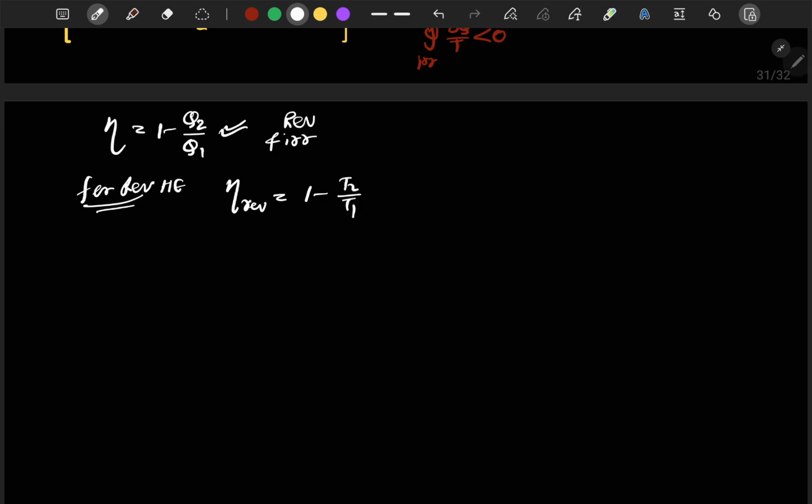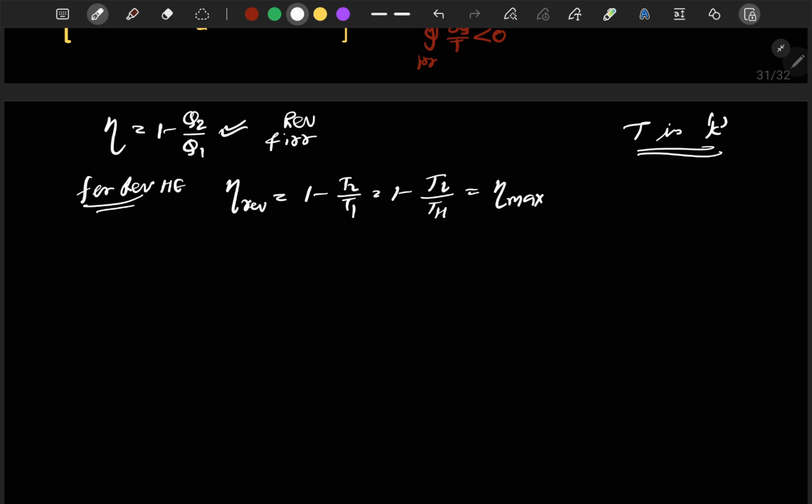So eta reversible is equal to 1 minus T2 by T1, or 1 minus TL by TH. This efficiency is also the maximum efficiency possible, also called the Carnot efficiency. All the temperatures T here are in Kelvin.